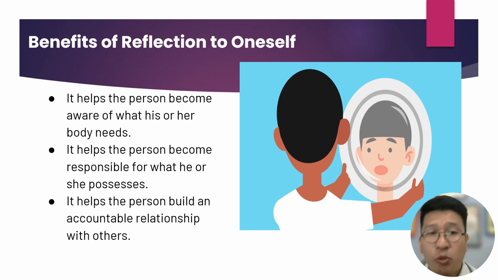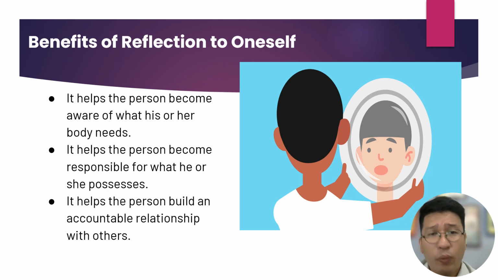Benefits of reflection to oneself. First, it helps the person become aware of what his or her body needs. Second, it helps the person become responsible for what he or she possesses. Third, it helps the person build an accountable relationship with others. When you are aware of your own body, you will nourish it.